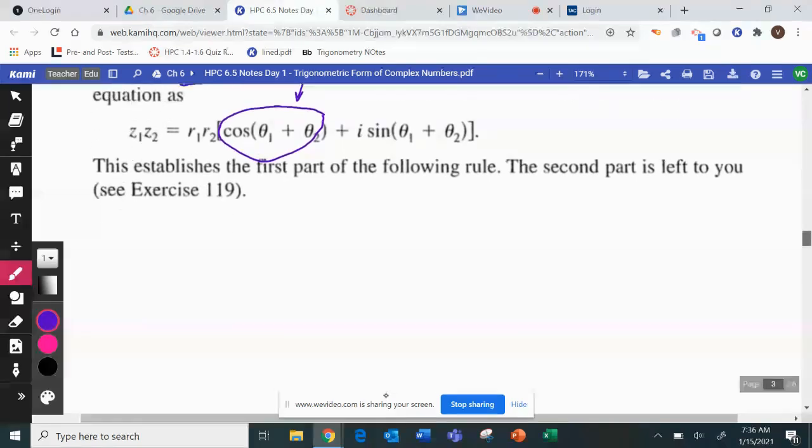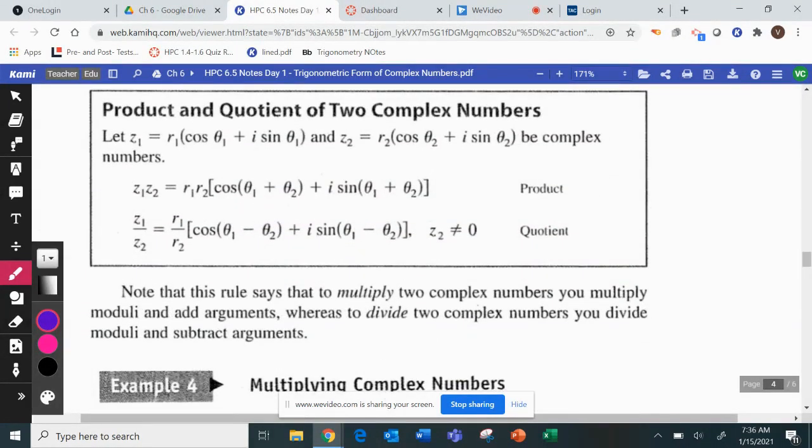Okay. So now all of that's just summarized in the product and quotient formulas. Both of these come from the same work above. They didn't show how to get the quotient, but that's how you get the product. So here are the two formulas we need to know. And then they have a note. The rule says to multiply two complex numbers, you multiply the moduli, which are those R values, and add the arguments, which are the thetas.